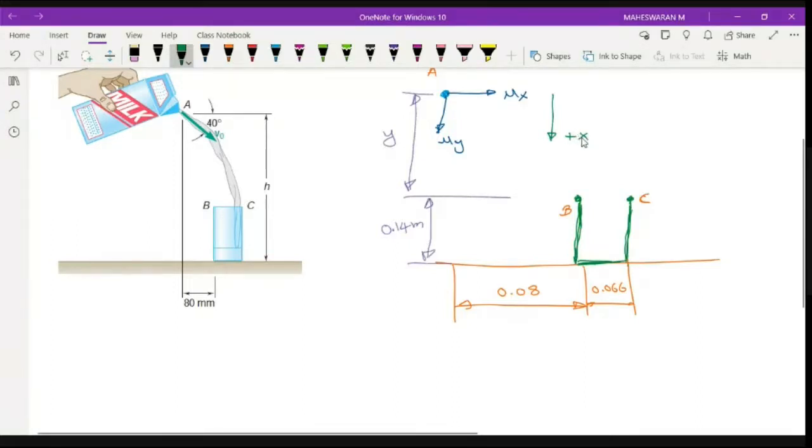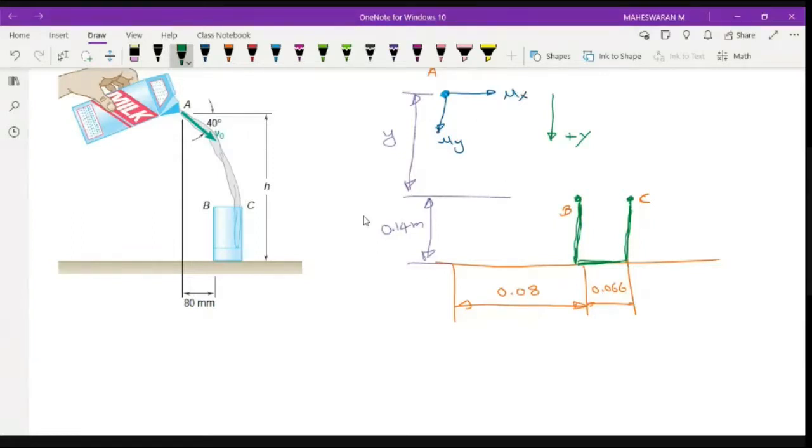Positive, sorry, we are concentrating on y. So this is positive y-axis. So the arrow indicates the sign. Along that arrow it is positive. Opposite to that is negative. So whatever value I am substituting here for y, that is a positive value. It is not a negative value, right? Because the arrow is downward direction. Along that arrow, it is always positive. So those are the two things. Other things are the same.